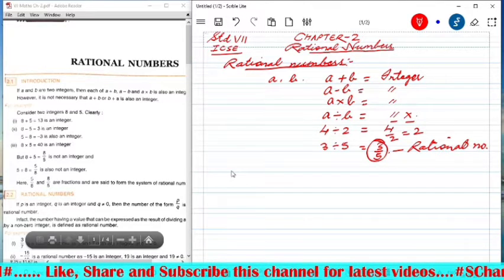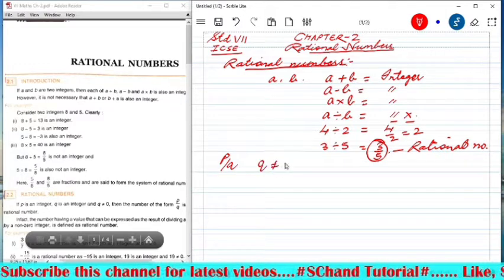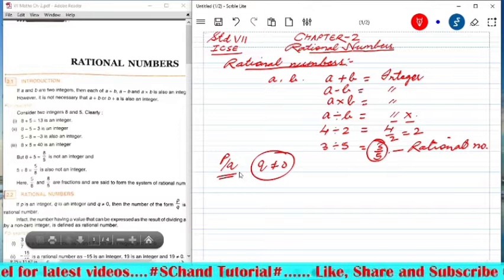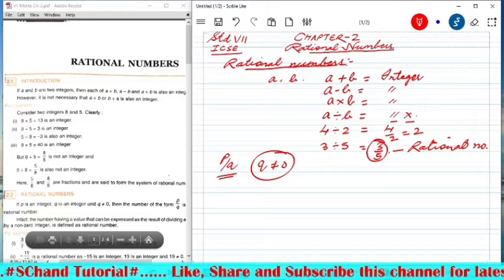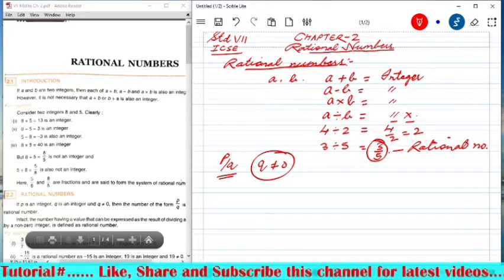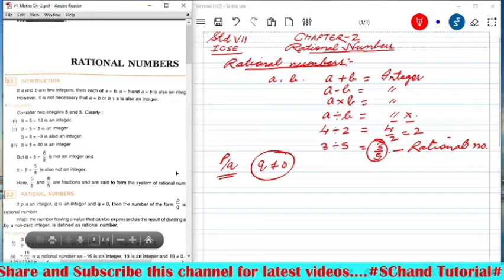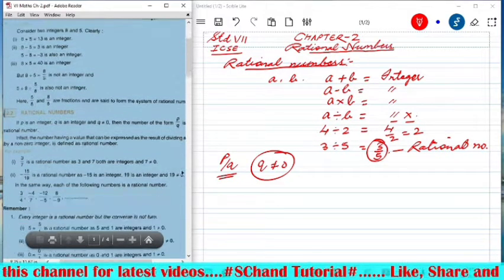Any number in the form p over q, where q is not equal to 0, is called a rational number. In this video we will see how to add and multiply rational numbers.